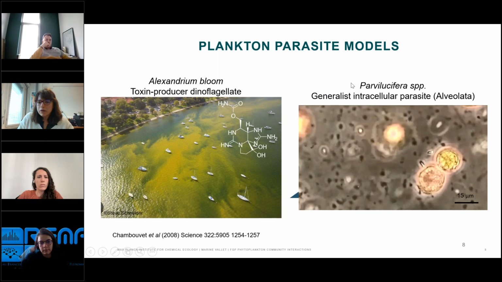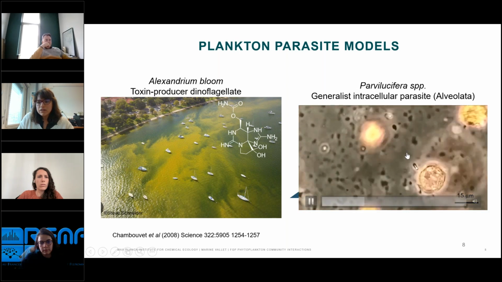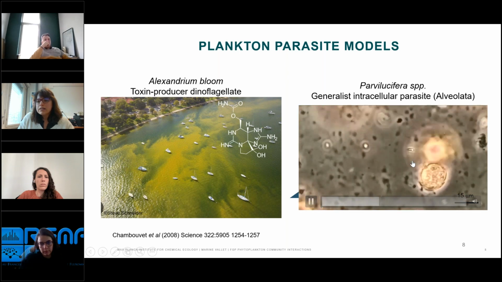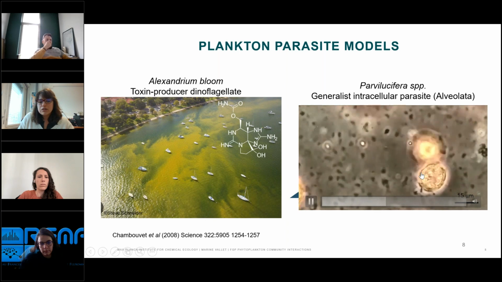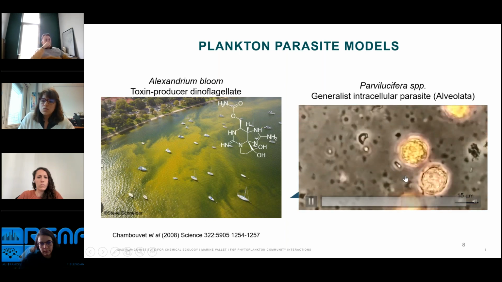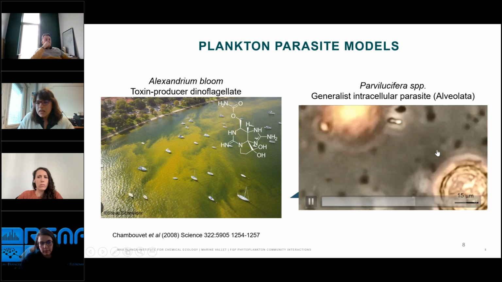So I'm working with a parasite from the genus Parvilucifera, which is a generalist parasite that can infect many clades of dinoflagellates. Interestingly, these parasites are very close taxonomically to their host. That's due to the coevolution between host and parasite in the ocean.